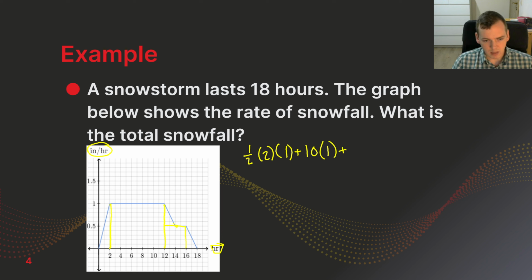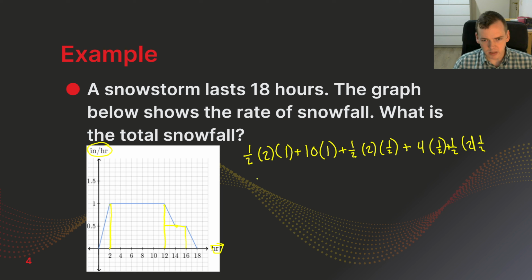Then I'm going to do this top little triangle here, which is 1/2 times 2 hours times 1/2 an inch per hour, plus this bottom rectangle here, which is 4 hours times 1/2 an inch per hour. And then finally 1/2 times 2 hours times 1/2.